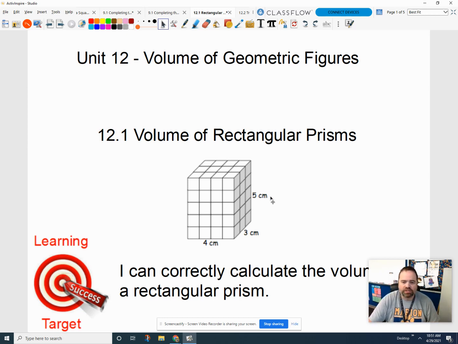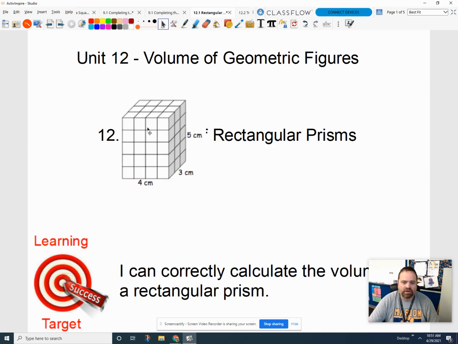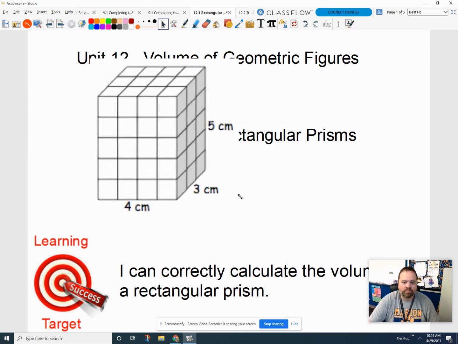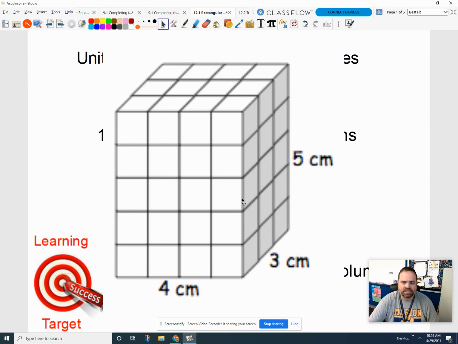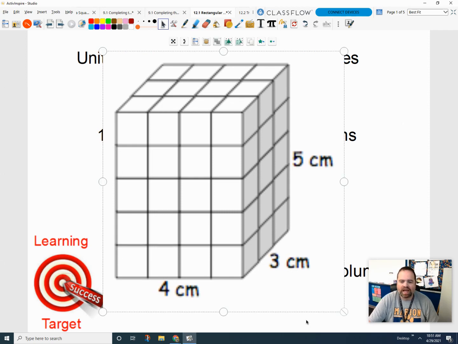I think this picture here is a pretty fair representation of what we're going to be doing. Sorry it's fuzzy, but we're going to be trying to find out how many small cubes make up the bigger shape. The nice thing about this is volume is much easier to do than surface area.